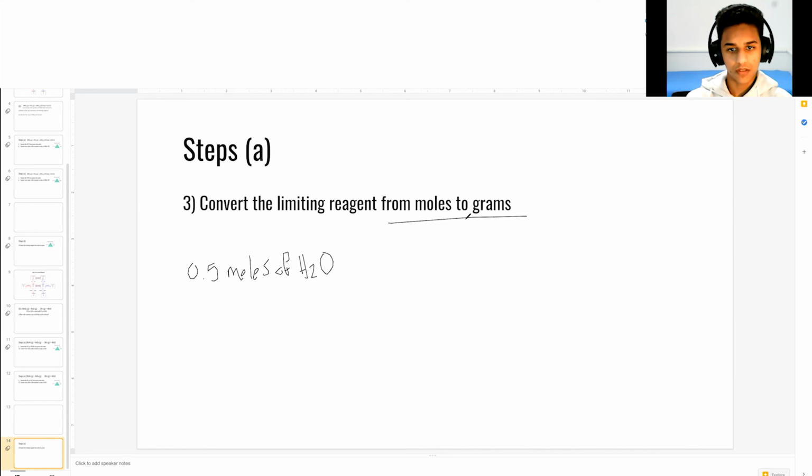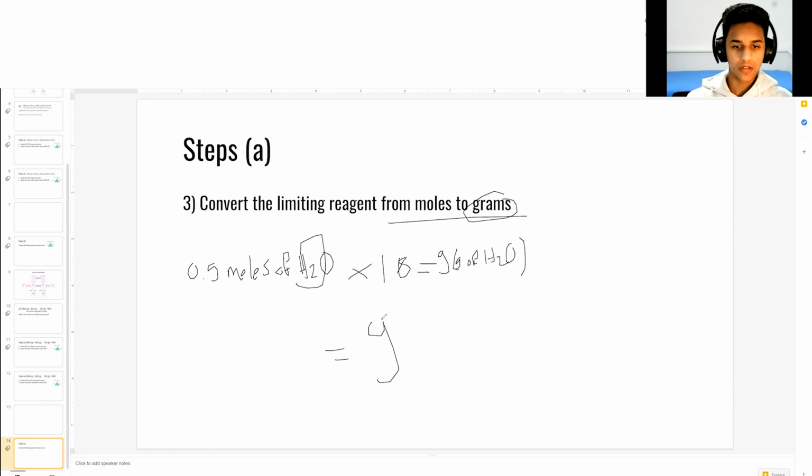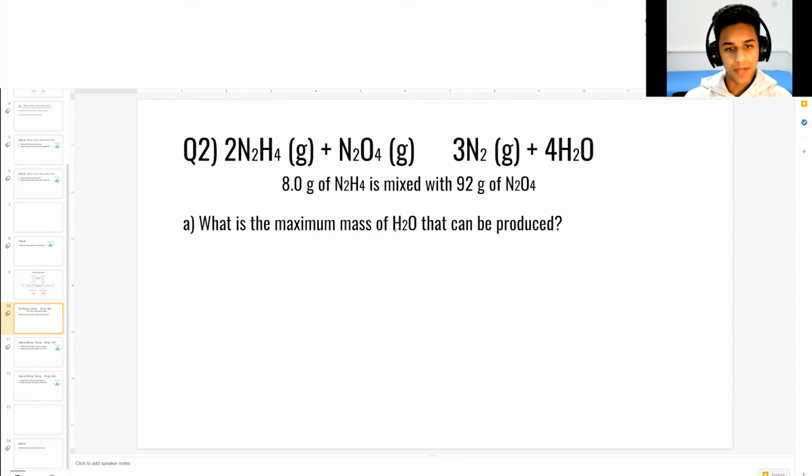Because we need it in grams, that's going to be 0.5 times 18, because 18 is the molar mass of H2O. So this will be 9, obviously. It will be 9 grams of H2O. So this is the final answer. So the maximum mass of H2O that can be produced is 9 grams of H2O.